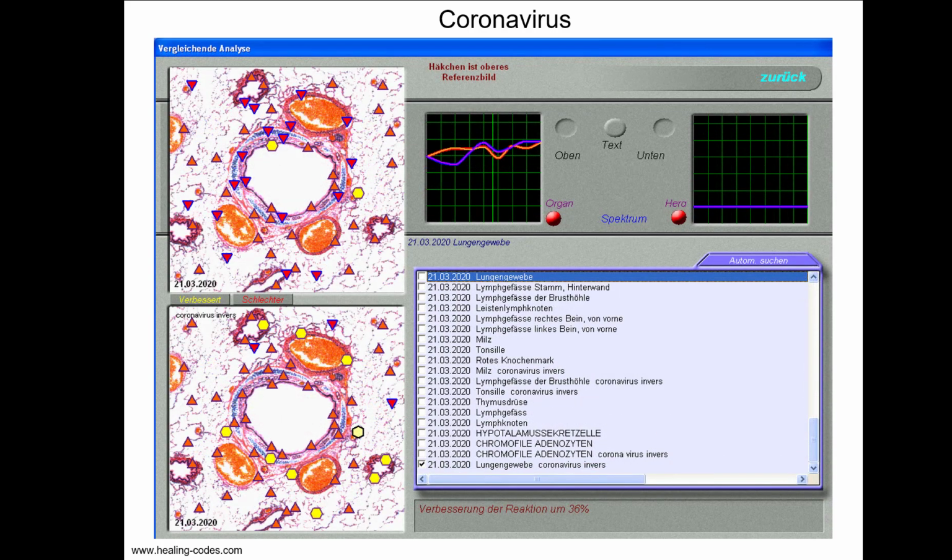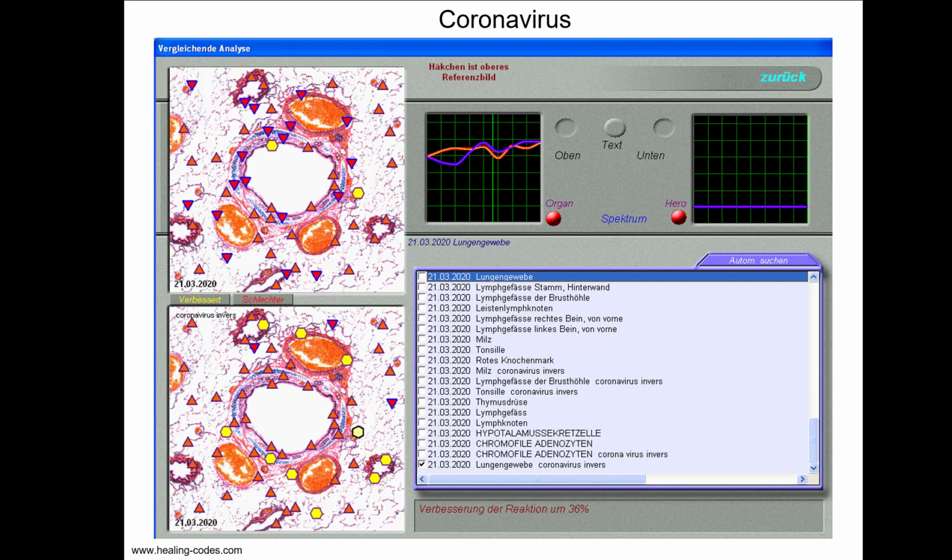Interesting is the imaging of the lung tissue, which shows an energetic disturbance with many downward triangles. If the coronavirus is inverted, the energetic result is improved by 36%. The result image shows almost a normal energetic situation again.